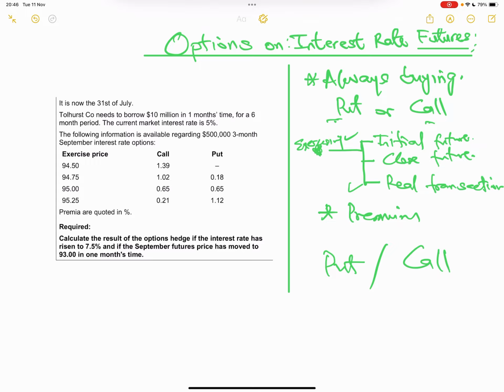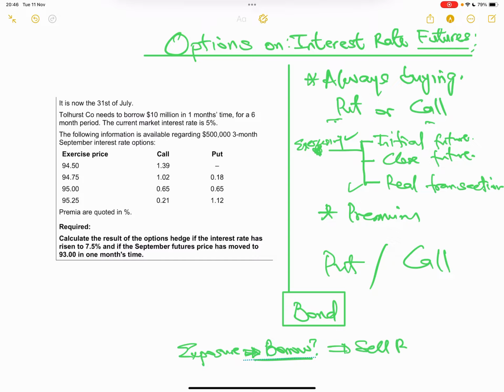All you need to be asking yourself is what you are trying to do. How do you say it in terms of bonds? If you want to borrow, what does it mean? If your exposure is borrowing, which means you are planning to borrow in the future, then in terms of bonds, it means you are trying to sell bonds. So your future transaction is to sell a bond.